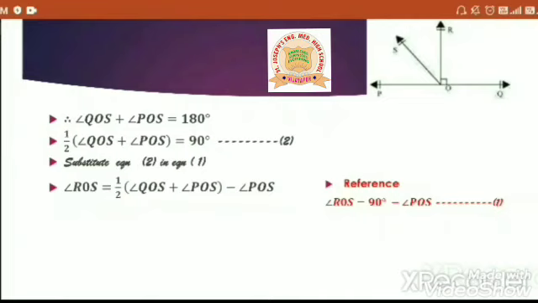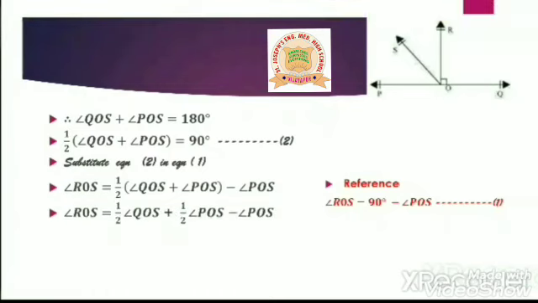Next step, if you multiply half to QOS and POS, what is left? ROS is equal to half QOS plus half POS, and what is left is minus POS. Now half POS minus POS, what is the answer? Half POS minus POS will be half POS minus 1 POS, because it is like subtracting half from 1.